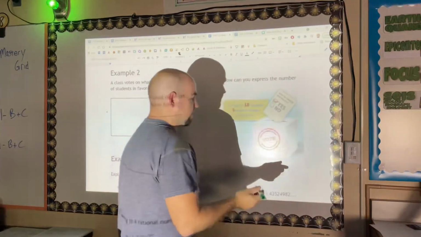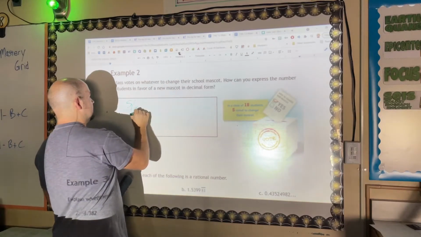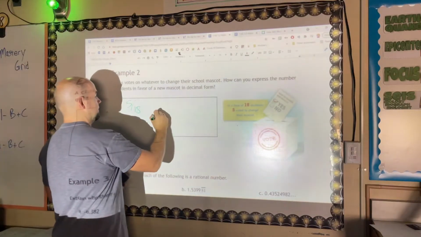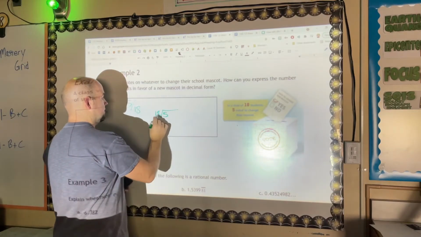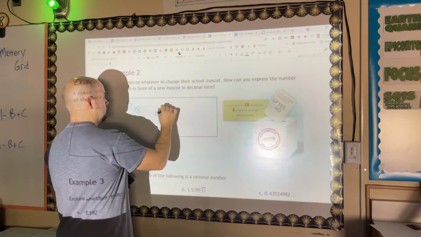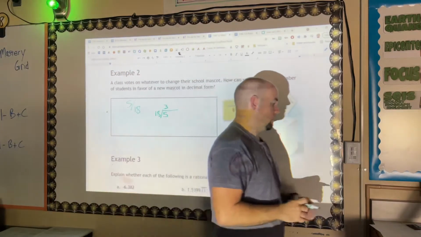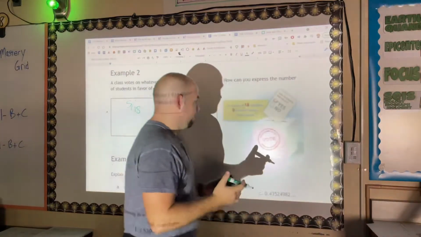Here we got a class, they're voting for a new mascot. 5 out of 18 votes are to change the mascot. So how many times does 5 go into 18? You get 3. What am I doing? Did I do this one right? 5 out of 18.